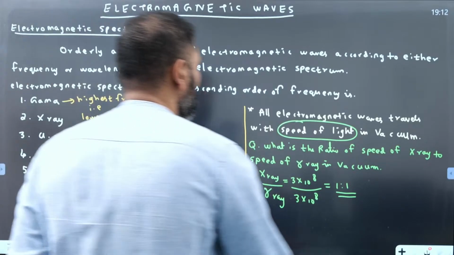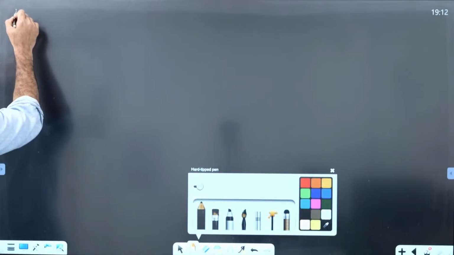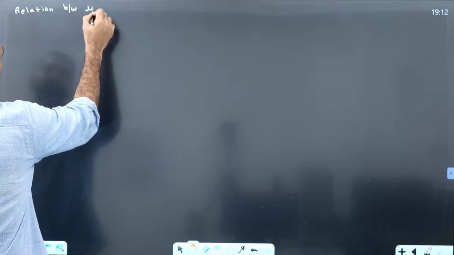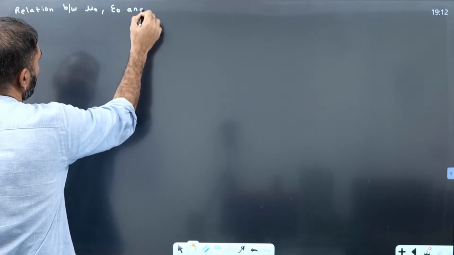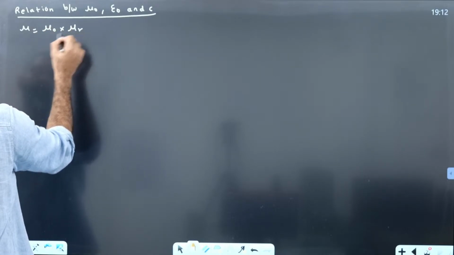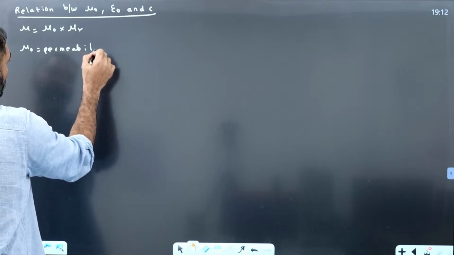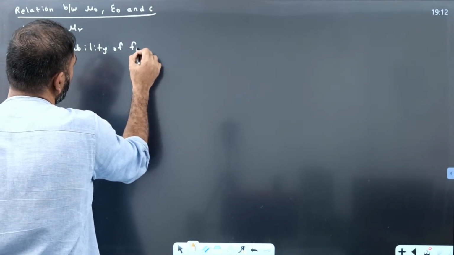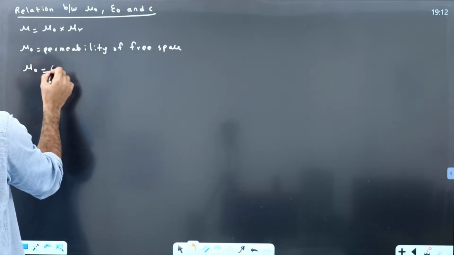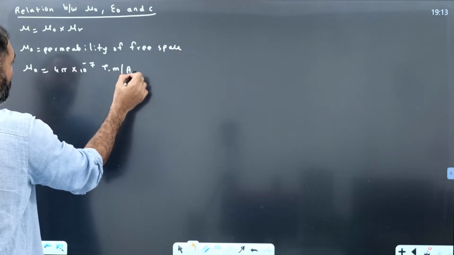Okay, let's continue. Next, the relation between mu 0, epsilon 0 and c. We know that mu equals mu 0 mu r. Mu 0 is the permeability of free space, meaning how effectively a medium permits a magnetic field. Mu 0 equals 4 pi into 10 raised to minus 7 Tesla meter per ampere.